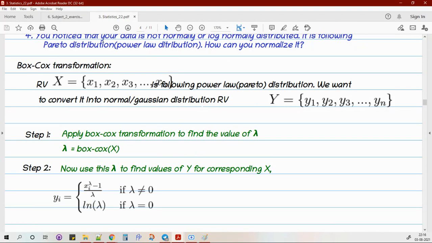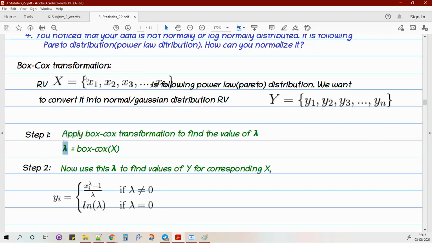So given a Pareto distribution or power law distribution, to convert it into a normal distribution, we use the Box-Cox transformation. This Box-Cox transformation will do all the mathematics on a given random variable x, on this data, and it will give you some parameter called lambda. And this lambda is very useful.